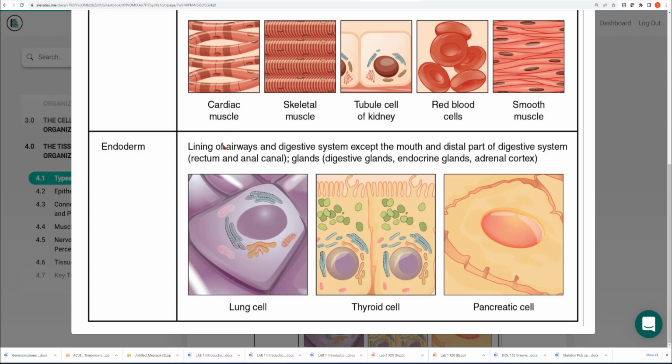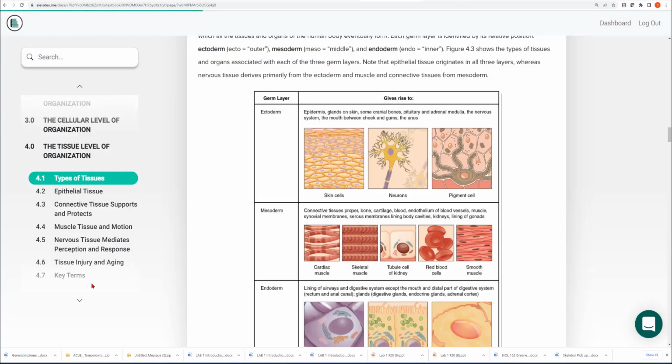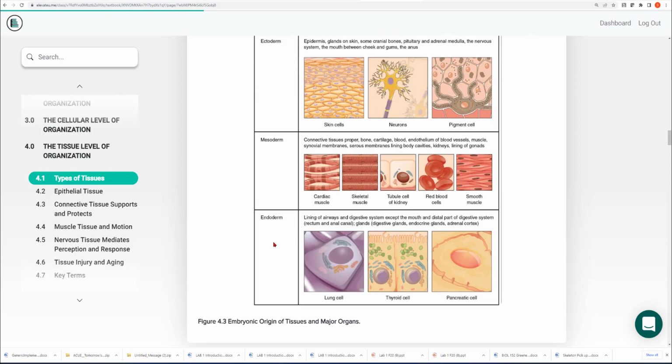And the endoderm goes on to form your digestive system, all the tubes going down your esophagus into your intestines and stomach. All of that is also derived from the endoderm. Okay, so those are the important tissues that I want you to know, and layers and structures that are formed from these three different germ layers.